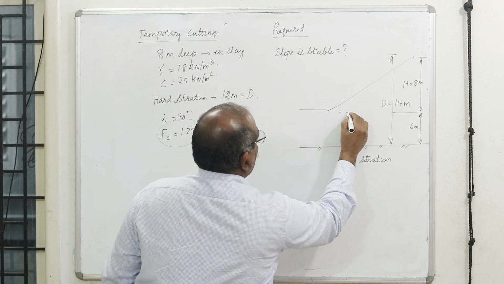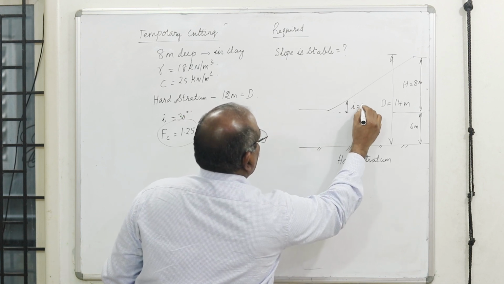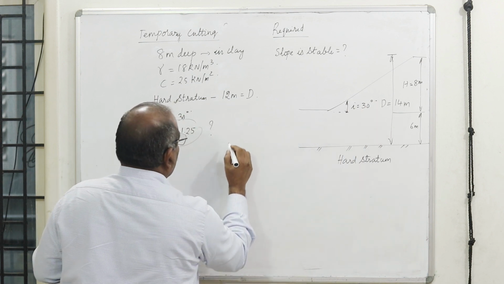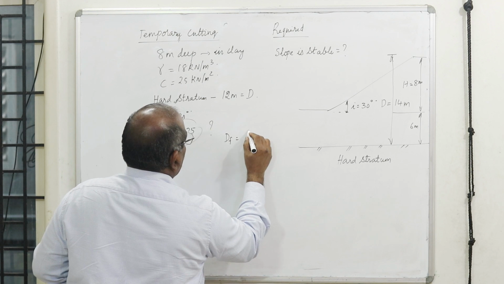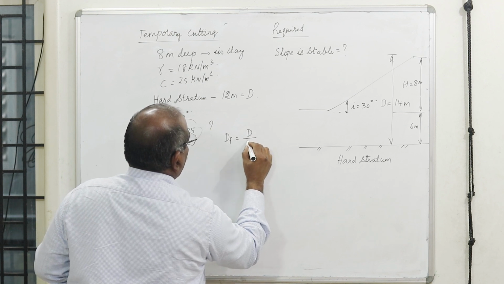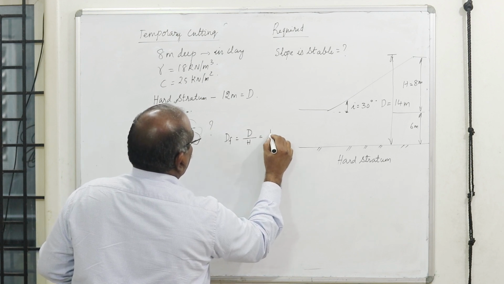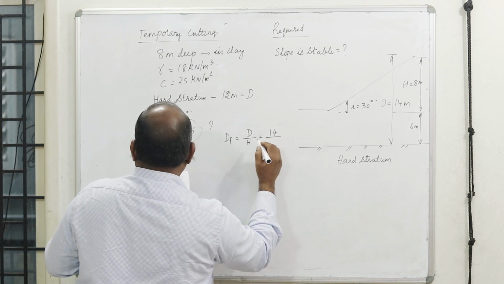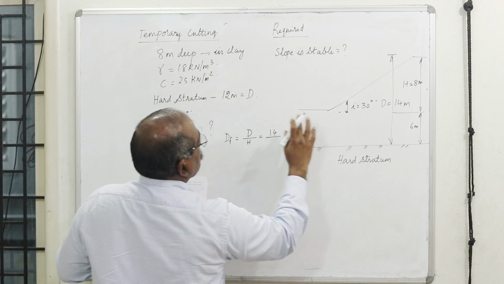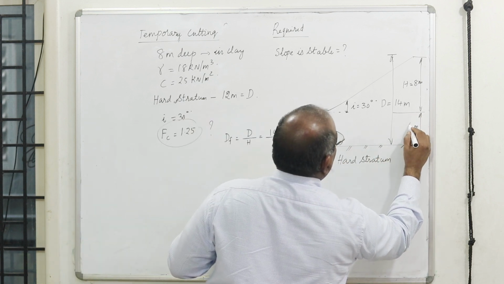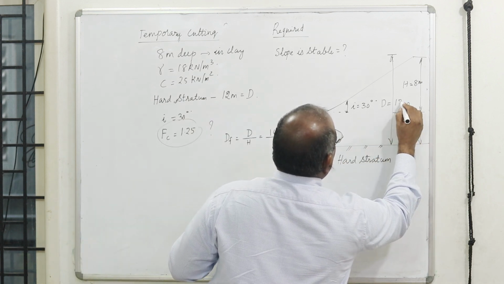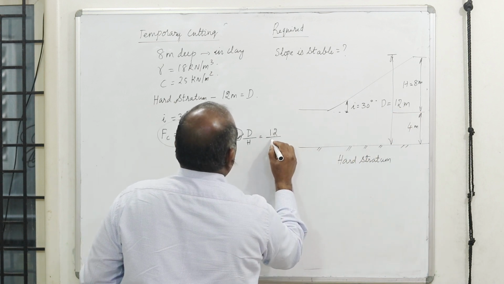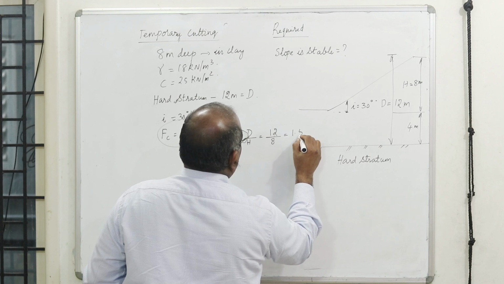For this given excavation, i is equal to 30. Now when I use this data, the depth factor is equal to D by H. D is 12 meters, H is 8 meters, this becomes 1.5.